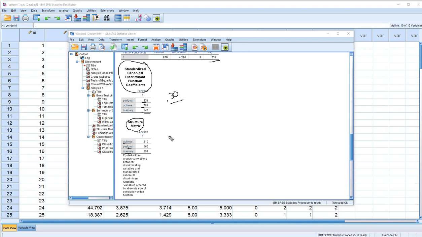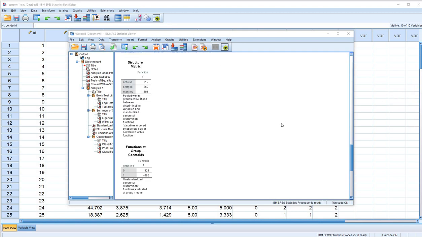I think Pituch uses that criteria in his book. I think Tabachnick and Fidell use a loading criteria of 0.33. So basically all of our predictors, you can see right here, are loading above both of those potential thresholds. But again, we're not going to name the function because there's not really a whole lot of point in doing so at this time.